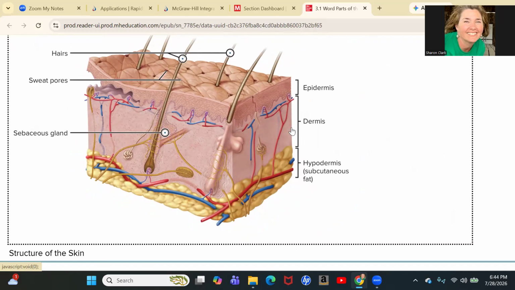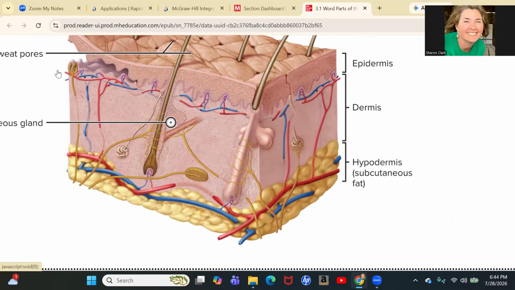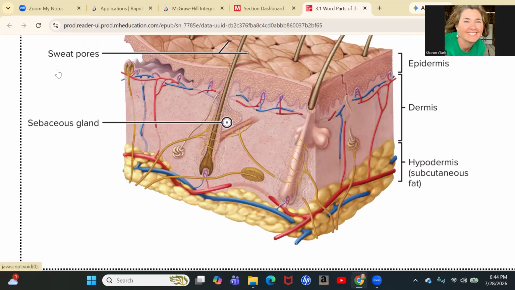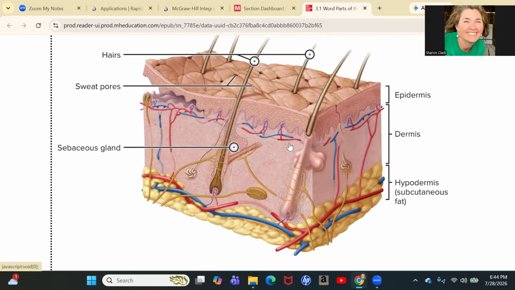And also your nerve endings. You see some of your corpuscles here and your different types of nerve endings that give you your sense of touch, allowing you to feel the softness of a kitty cat, the boom, boom, boom of the bass in your car radio, the soft vibrations of the vacuum cleaner when you're vacuuming, or pressure, like when somebody's pinching you, ow, you feel that pressure.